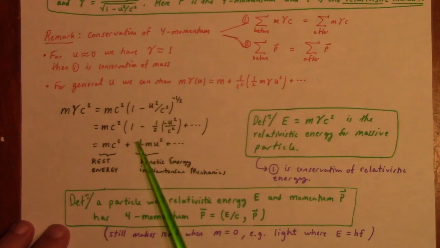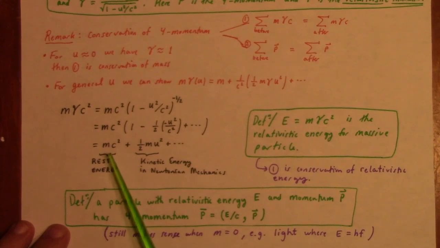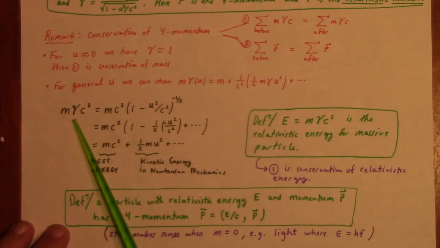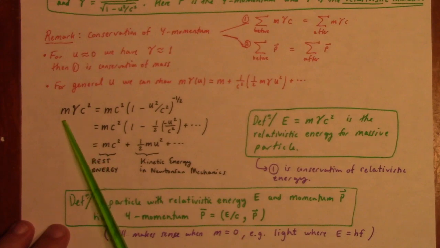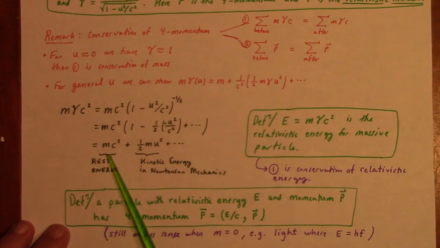What you get is mc squared for your first term, and when the dust settles, you get 1/2 m u squared. Well, that's just plain old kinetic energy from classical mechanics, and this first term is apparently something new. It's what we call the rest energy. You notice that when gamma equals 1, it just becomes mc squared.